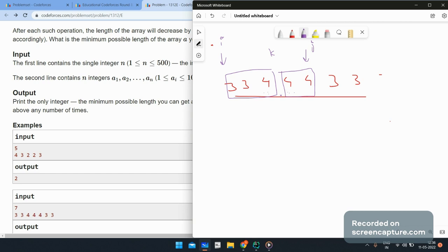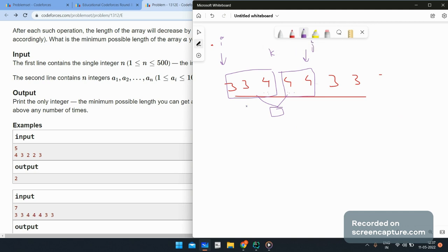My assumption is that I want to check, with i and j, whether this can be converged into a single element. For that conversion, this has to be converted into a single element and this has to be converted into a single element. Else it is not possible.